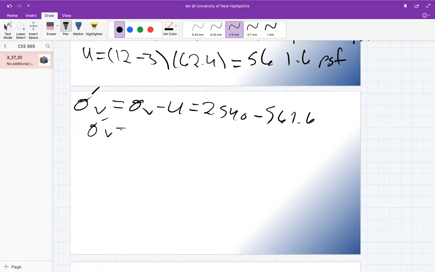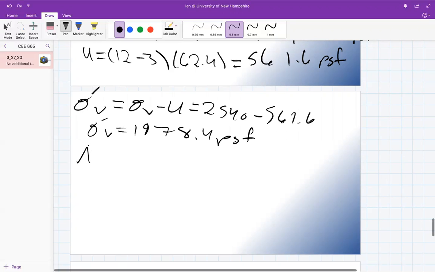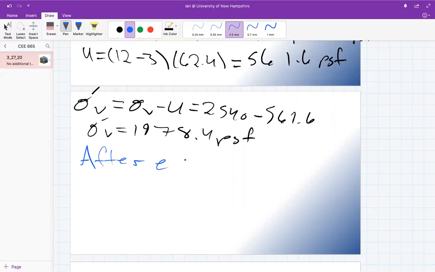So this will equal 1978.4 PSF. And remember, this is all before excavation. So now let's figure it out after. Let me write this in a different color. So let's do after excavation.